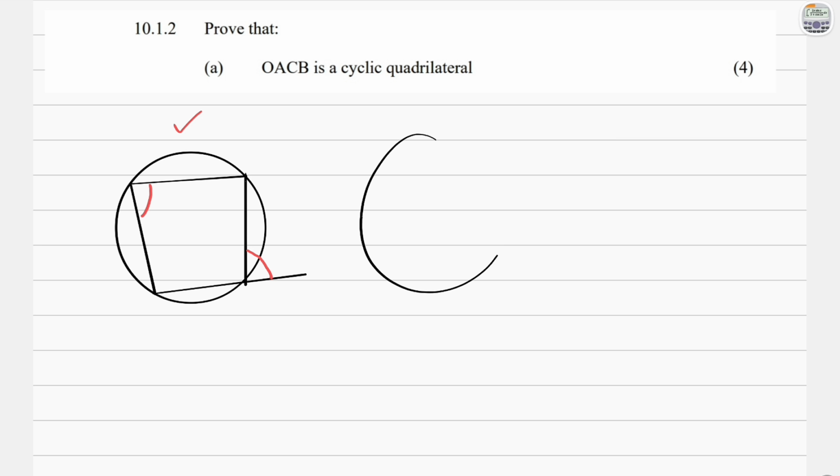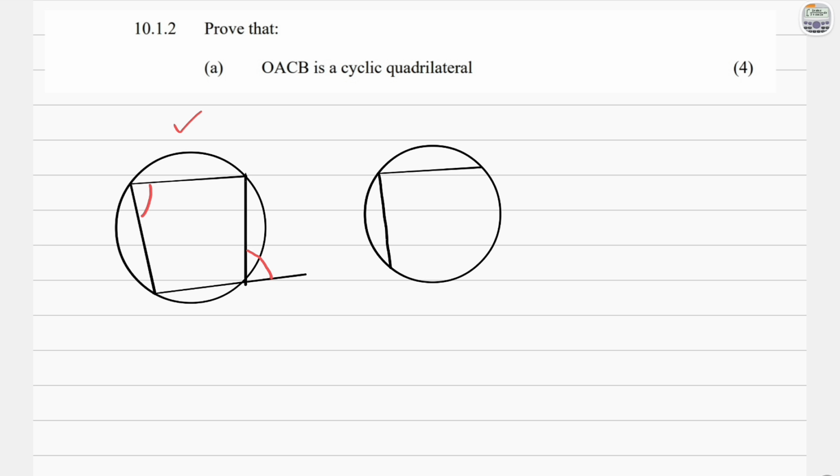The second way you could prove that this is a cyclic quad is if you have a quad, and you notice that the opposite angles of this quad add up to 180 degrees, then this is a cyclic quad.